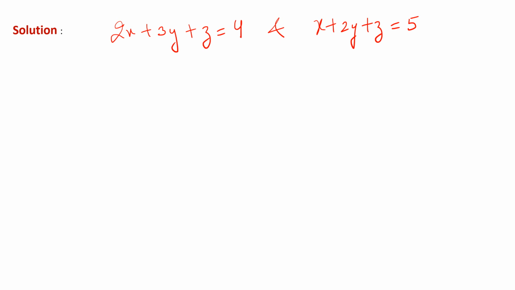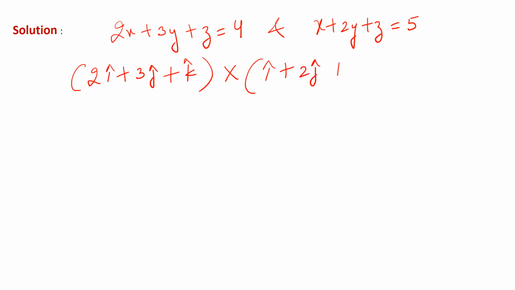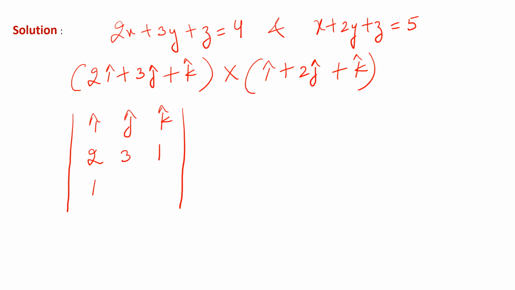That means the vector along the line L1 will be given by 2i plus 3j plus k cross i plus 2j plus k. That means it will be given by the determinant of, in the first row we have i, j, k, in the second row we have 2, 3, 1, and in the third row we have 1, 2, 1.